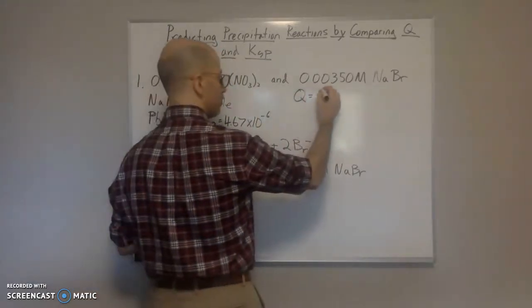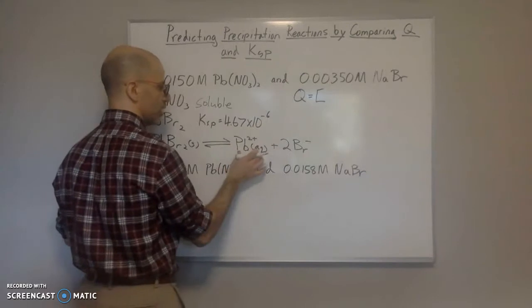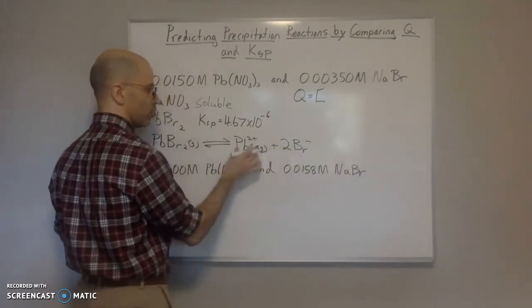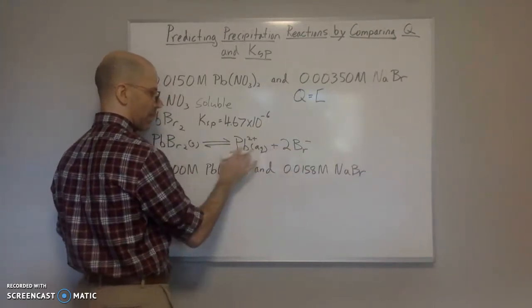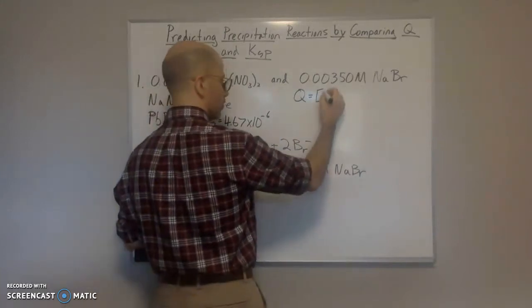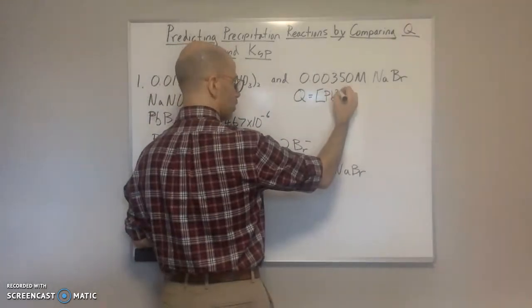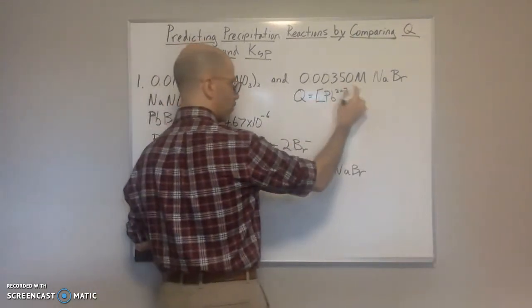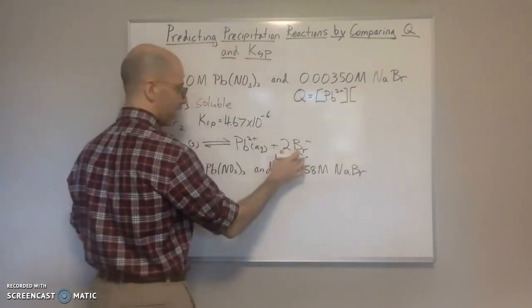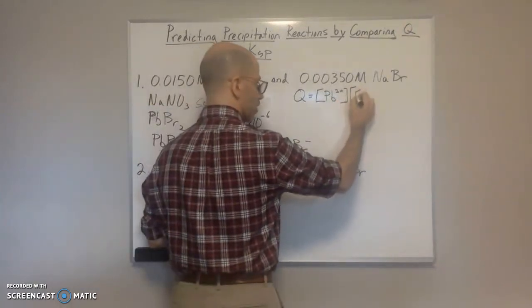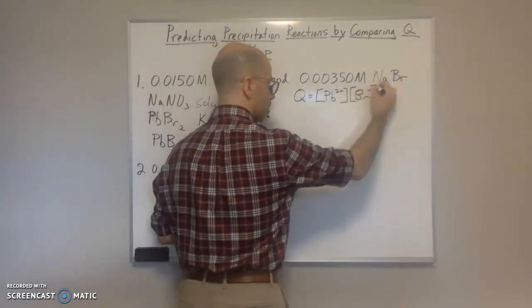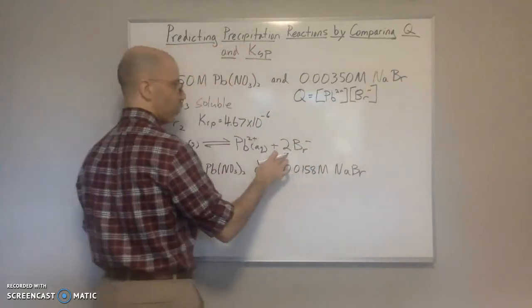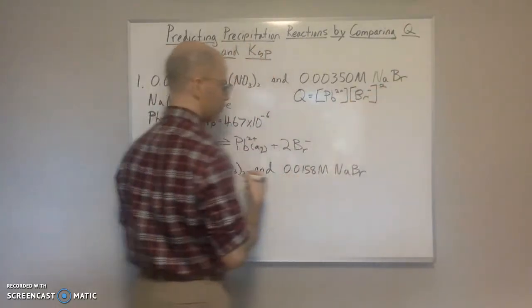Then Q is equal to the concentrations of these two to their stoichiometric powers. So this is Pb2+, with a coefficient of 1, so the power of 1, multiplied by the concentration of Br minus, with a coefficient of 2, so it's to the power of 2.